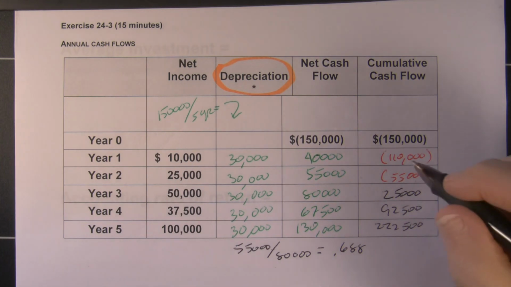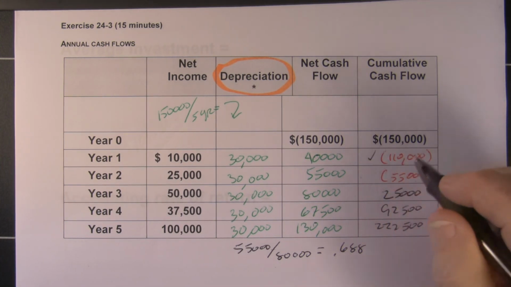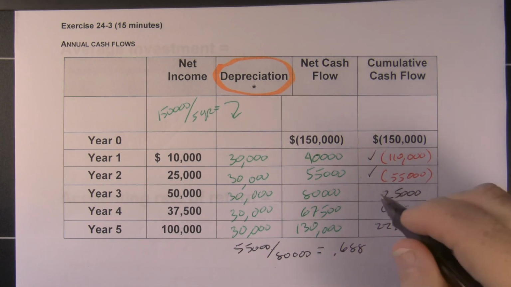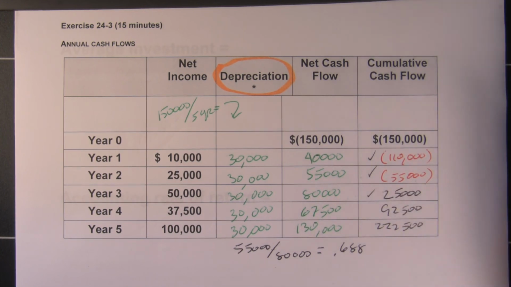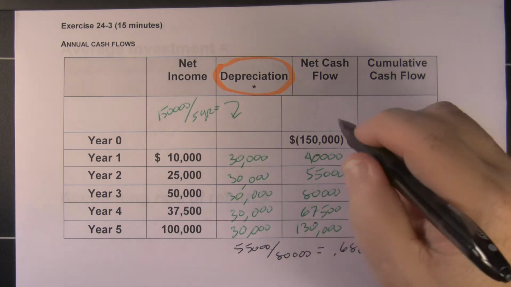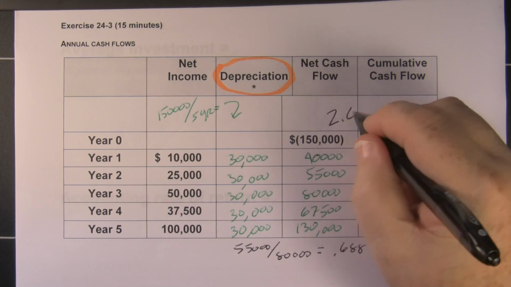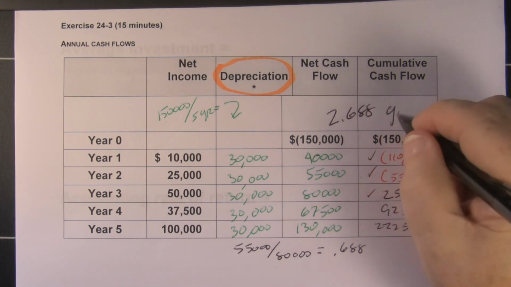So we paid back the machine all of year 1, all of year 2, and 68.8% of year 3. Our payback period for this is 2.688 years.